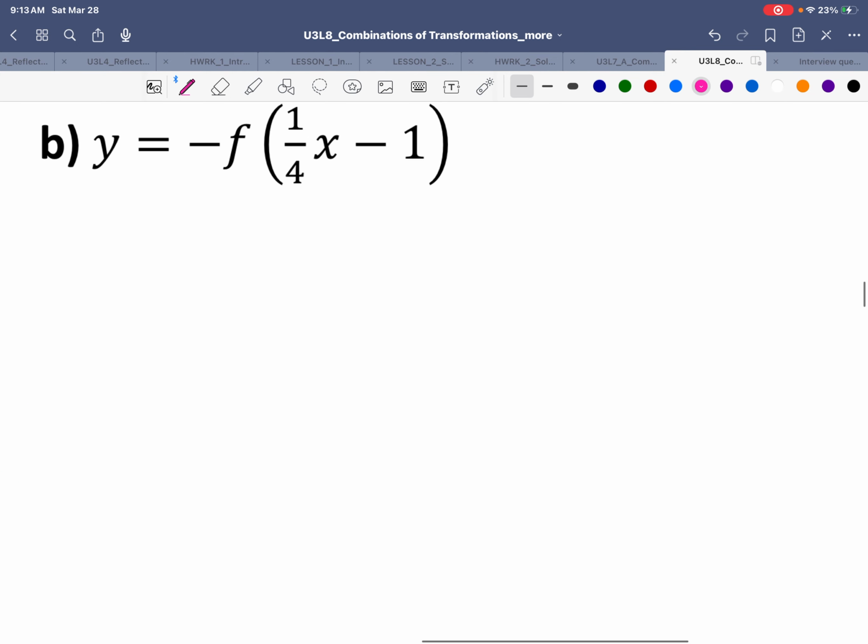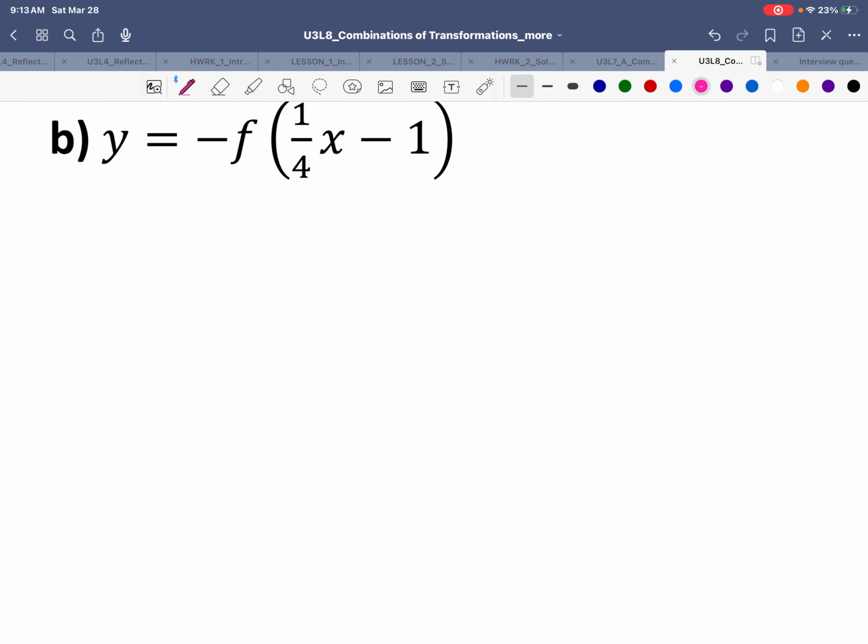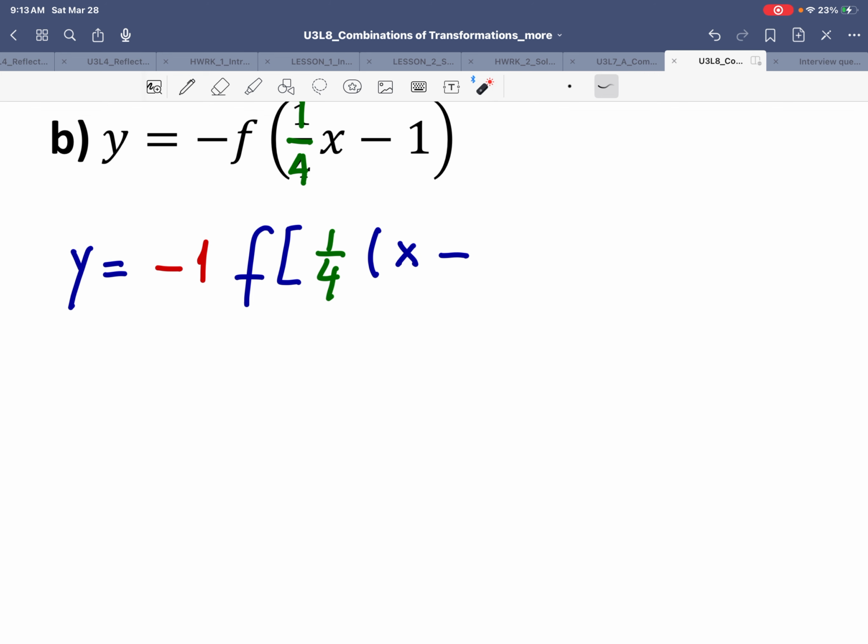So next we have y equals negative f of 1 over 4 x minus 1. Again, as you can see, 1 over 4 here is unfactored. So we're going to start off by factoring the coefficient k. So we have negative 1, or simply a negative f. 1 over 4 needs to be factored before we start the transformations. x minus, now remember when you are factoring 1 over 4, number 1 is divided by 1 over 4.